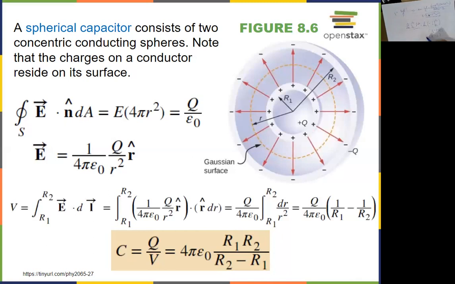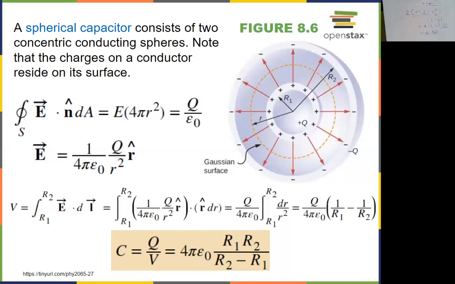So that's Q over 4 pi epsilon naught will be your V. And you can further rewrite this 1 over r1 minus 1 over r2 by doing a common denominator, r1 times r2, and then r2 minus r1 on top. Okay, so you can rewrite it as that. So your V will be equal to Q over 4 pi epsilon naught times (R2 minus R1) over R1 R2.